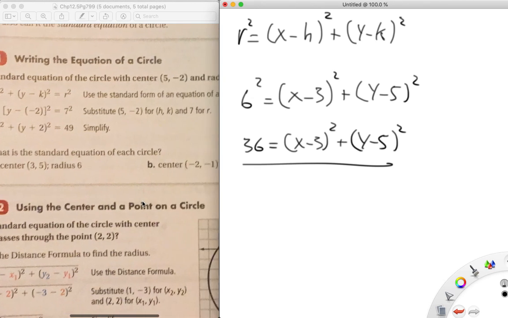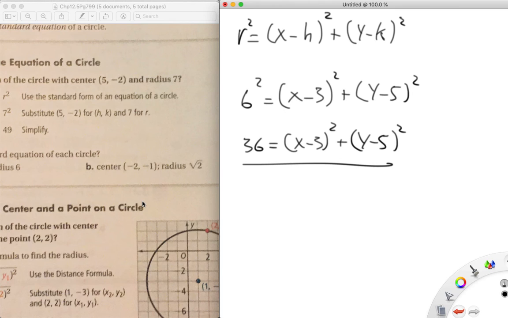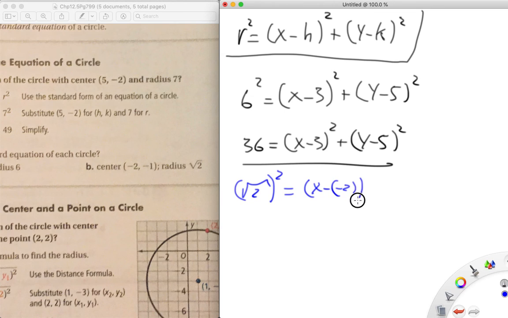And for b, it says the center is -2, -1, and the radius is the square root of 2. When we set that one up, it's going to be the square root of 2 squared equals x minus -2 squared plus y minus -1 squared.